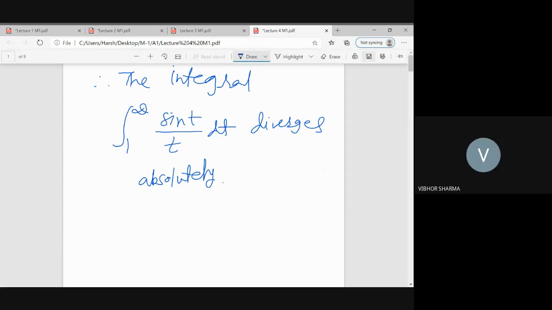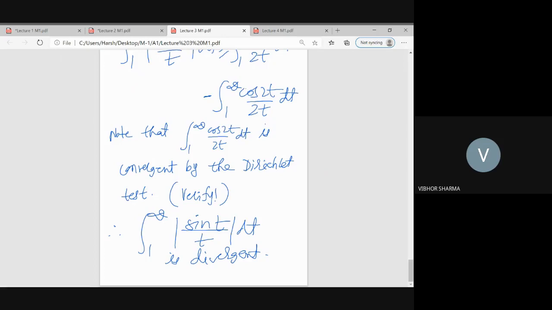So we cannot say anything here, because the modulus case works like this: if the modulus integral converges, then the original function's integral will converge, but if it diverges, then we probably cannot do anything. Yes, so it is diverging, so we cannot apply that theorem, but that doesn't mean that the function is not integrable. So basically, since it is divergent, we cannot apply the theorem, and therefore we have to check directly.